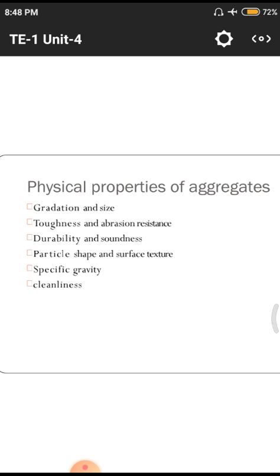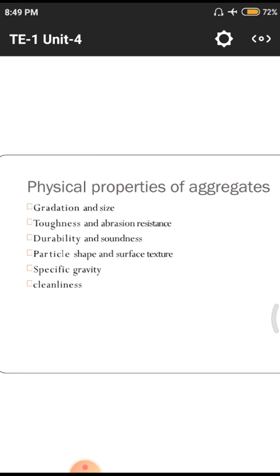Due to those chemical properties, there may be deviation in their sizes, shapes, and textures. All those things we observe by two tests: elongation index and flakiness index. With the elongation index and flakiness index, we observe the particle shape and surface structure.